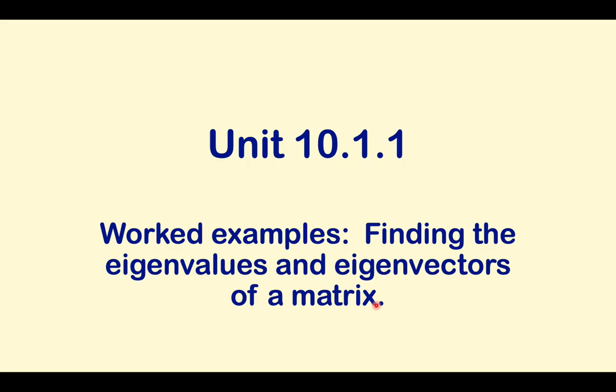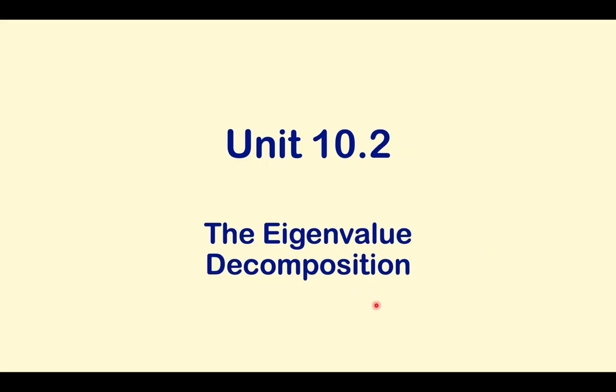And in a subsequent content video, we're going to expand on these basic ideas of defining eigenvalues, eigenvectors, and how to compute them to derive what we call the eigenvalue decomposition, an analogous matrix factorization or matrix decomposition that we can use to simplify solving problems.